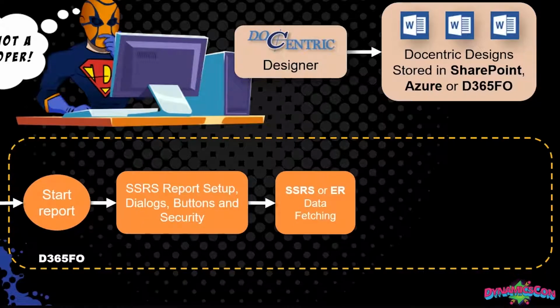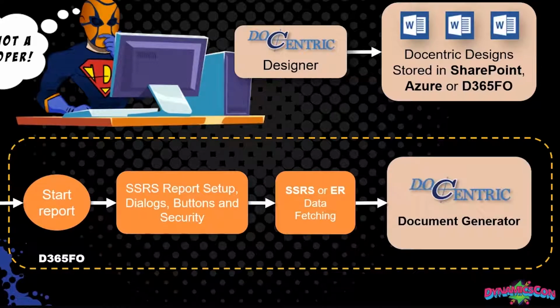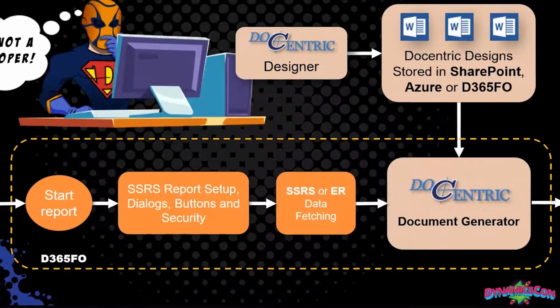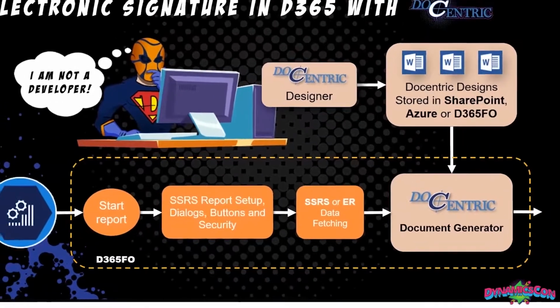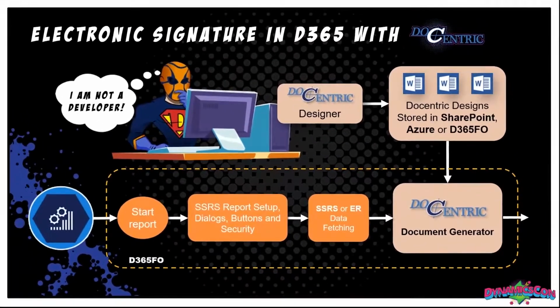Then we fetch the data either from the SSRS or electronic reporting data source. And by electronic reporting, I mean the model and the model mapping. And pass the data along with the Docentric design to the document generator to create the final document, and in our case, a PDF document.